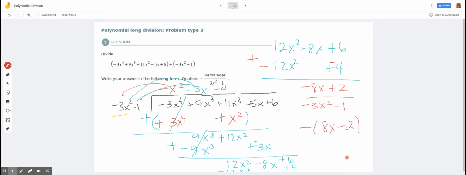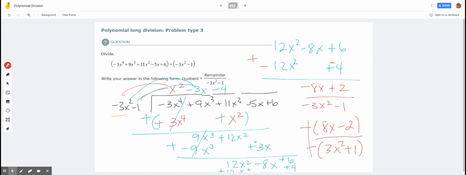But we're not factoring yet, so I don't think we should have to do that yet. I'm going to go ahead and finish it just in case. And then it would become plus that.